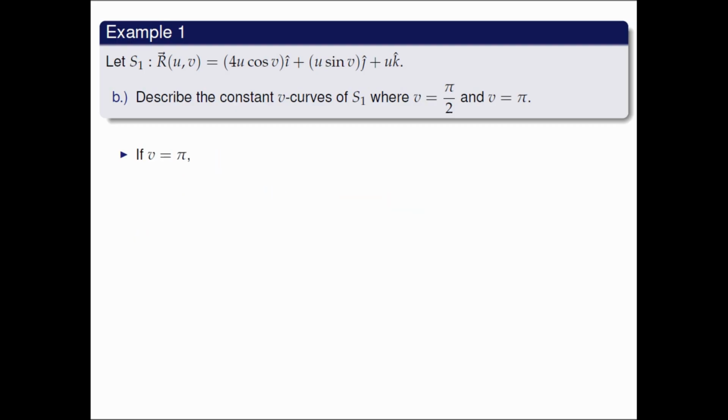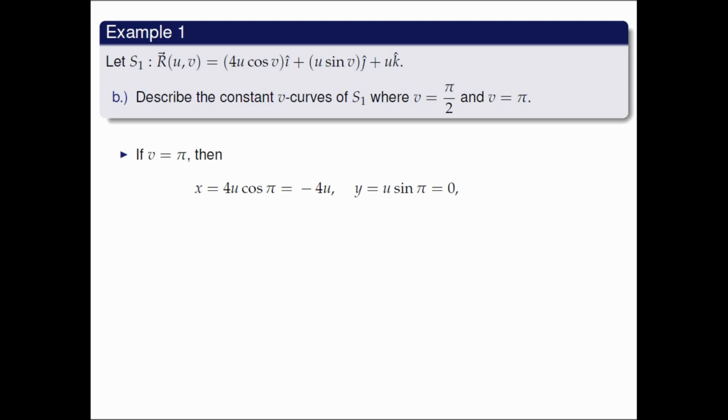If v equals pi, then x equals 4u cosine pi. Substitute v equals pi doon sa x component. Cosine pi is negative 1, so x equals negative 4u. Y equals u sine pi. Substitute v equals pi doon sa y component. Sine pi is 0, so y equals 0.